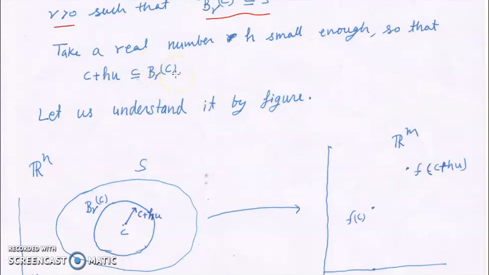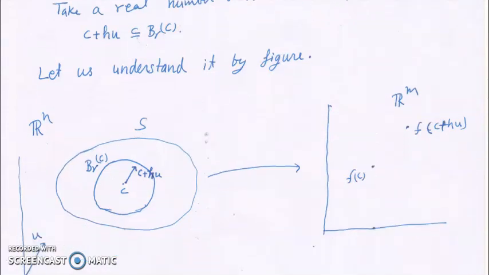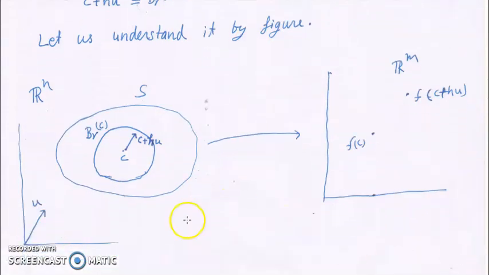So let us understand it by figure also. Suppose this part denotes Rn and u is any vector in Rn. This is the origin, although it is not possible to draw Rn on plain paper because n may be greater than 3 also.